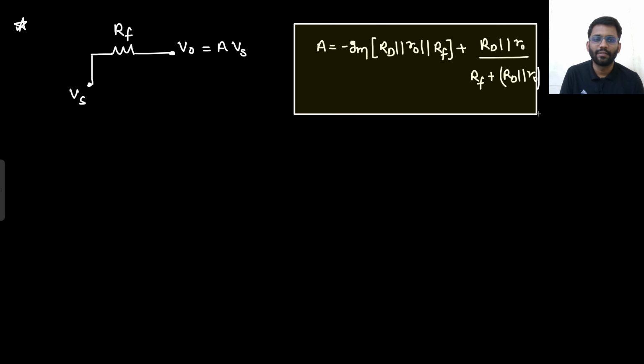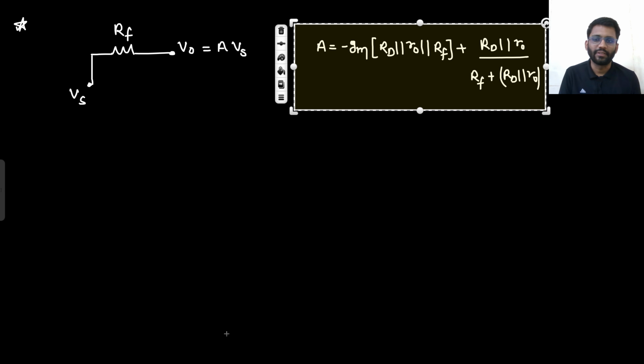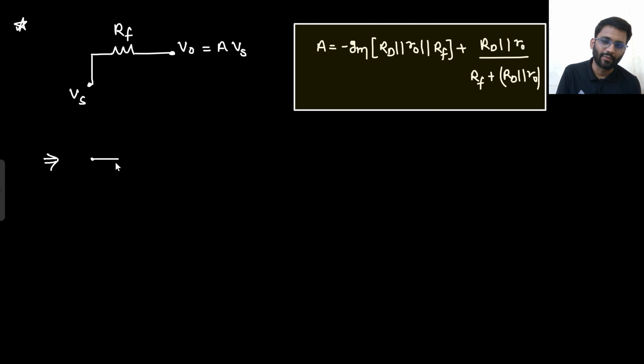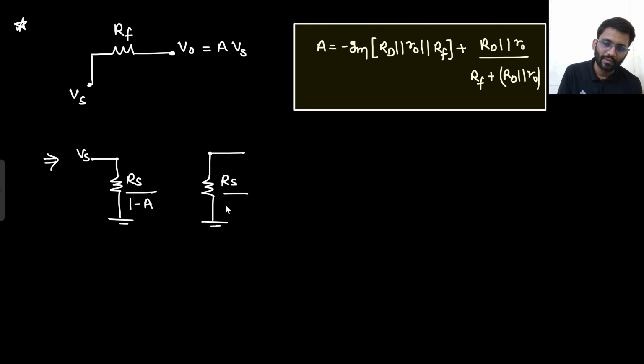This is again A. Now you can apply the superposition theorem. From Vs to ground, I will see Rf upon 1 minus A, A being this value, and from V0 to ground, I will see Rf upon 1 minus 1 by A, A being this value. Say yes or no. Understood?